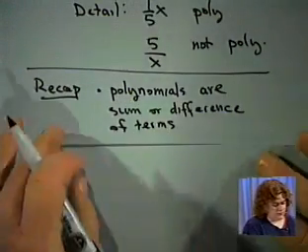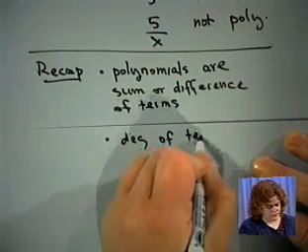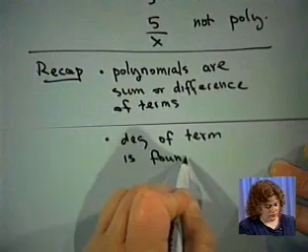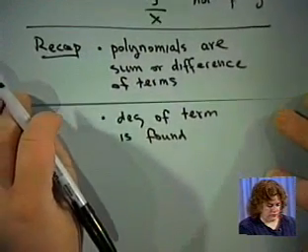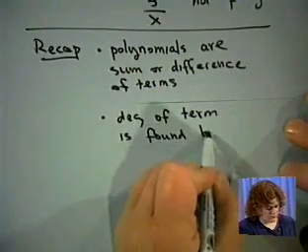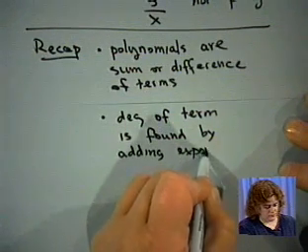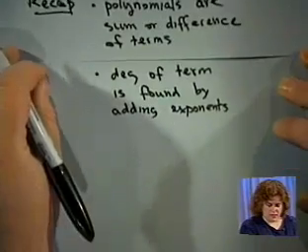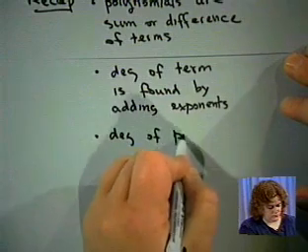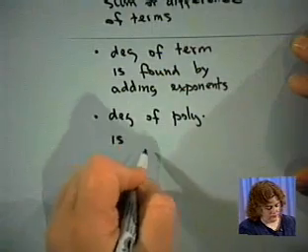The degree of a term is found by adding the exponents in that term. And the degree of the polynomial is simply the highest degree of any of the terms.